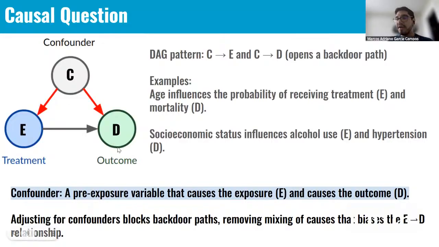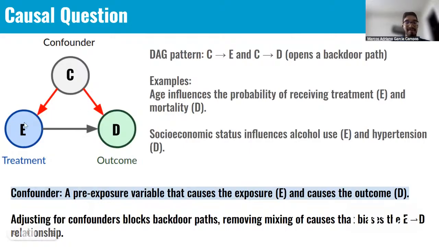We know elderly people have more mortality, and elderly people can receive less treatment. Just an example. Another example is socioeconomic status, which can influence use of alcohol as exposure and hypertension as outcome. Socioeconomic status can influence both at the same time. So if we see here, we have what we call a back door.